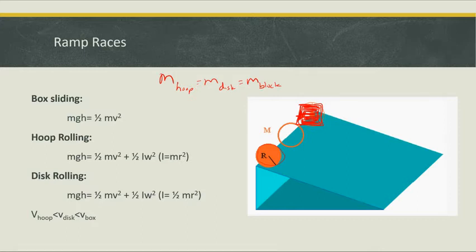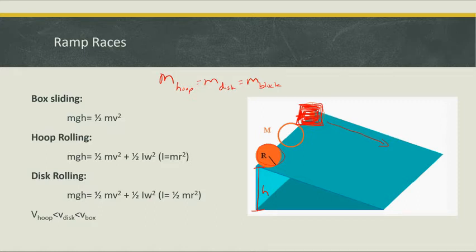So all of them are starting at the same exact height, and so therefore they're all starting with the same potential energy. They're all starting with mgh. But as our block starts to slide down here, all of that potential energy is translating into our translational or linear velocity or kinetic energy, which then ends up giving us a linear velocity.